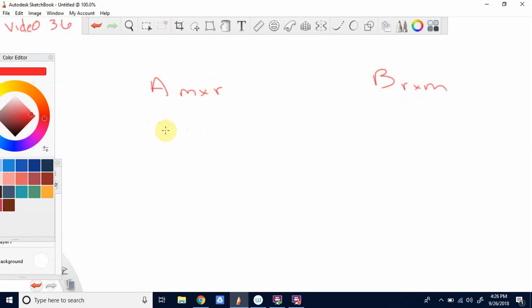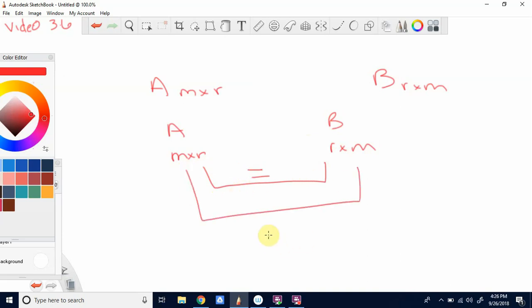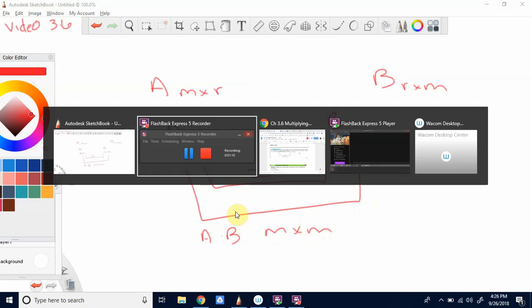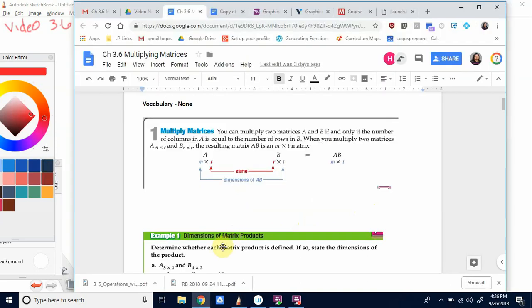These two inner numbers have to be equal. The result is going to be an M by M, which is the size of the dimensions of A times B. So let's go straight into an example.